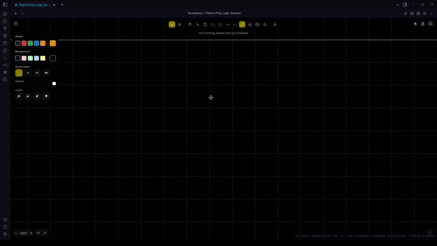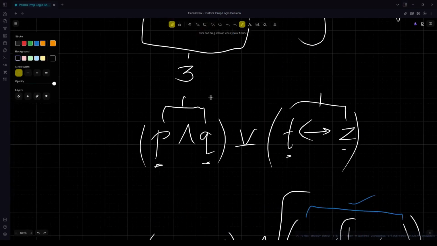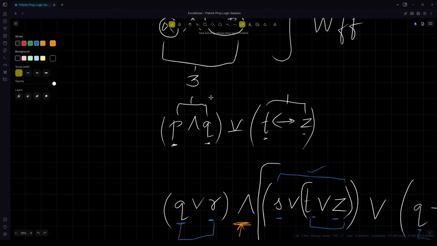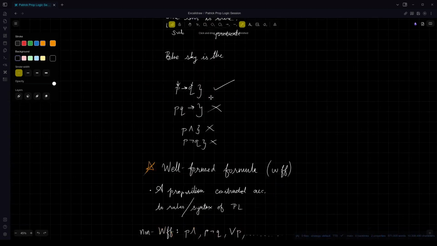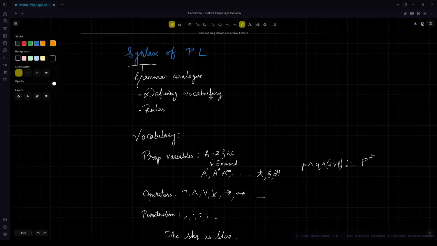So the previous session we covered the syntax of propositional logic. Just as a refresher, the syntax is a grammar analog of propositional logic. All we are doing is defining the vocabulary of propositional logic, and defining rules for constructing well-formed formulas.